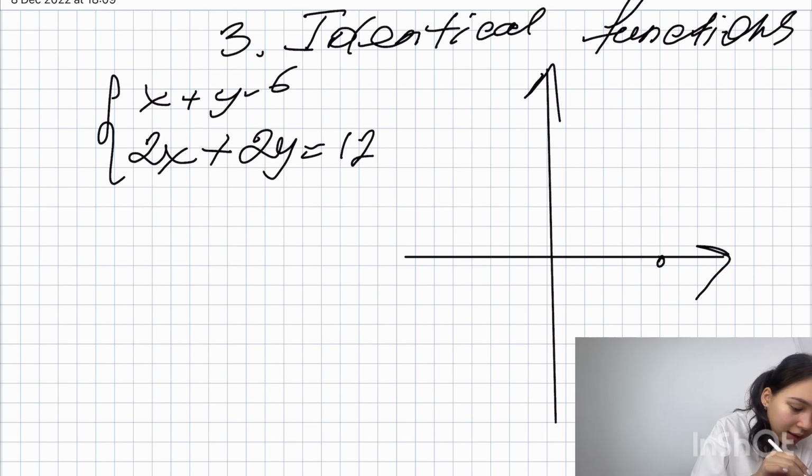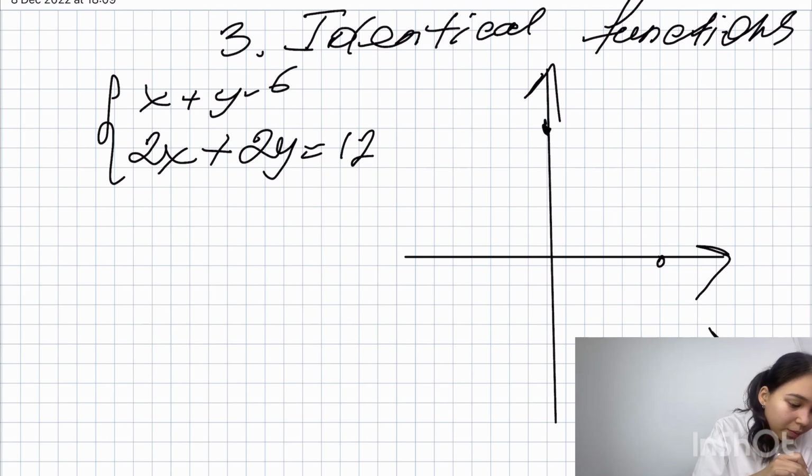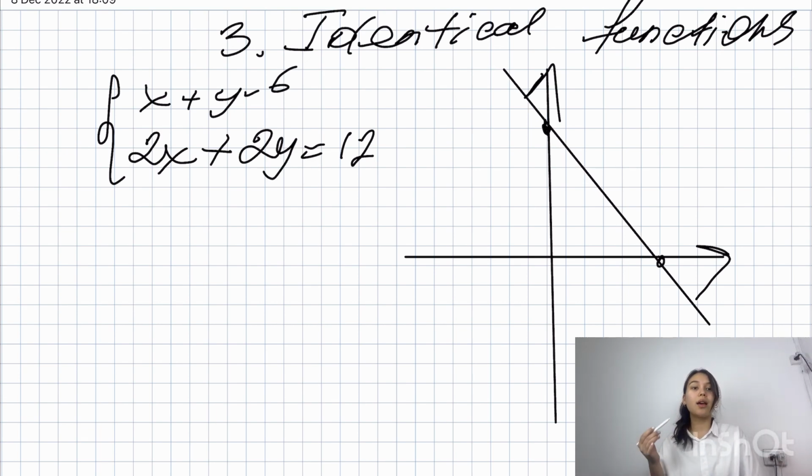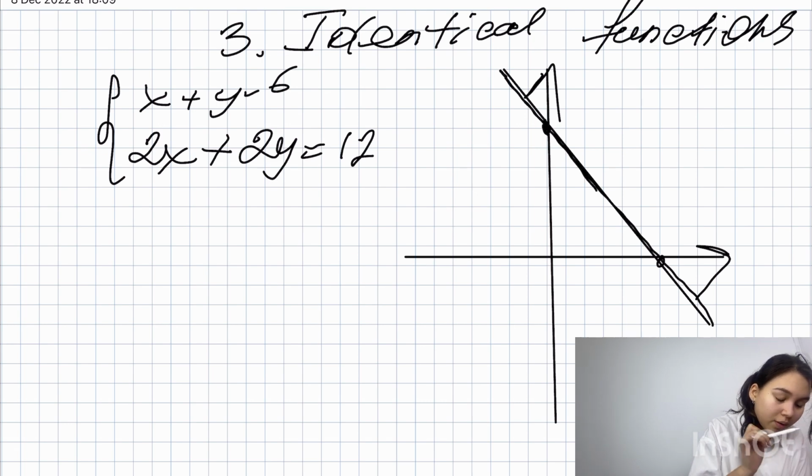It is 6 and 6 on both sides. You may draw it by yourselves and you will be sure that this is the answer. So it means that both of them lie on the same line.